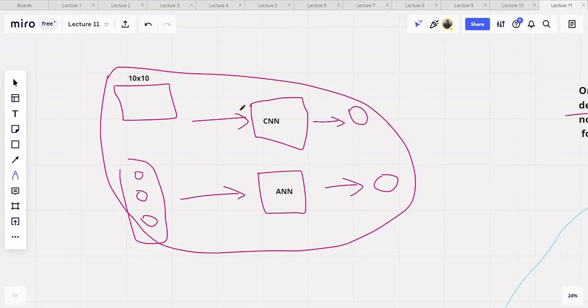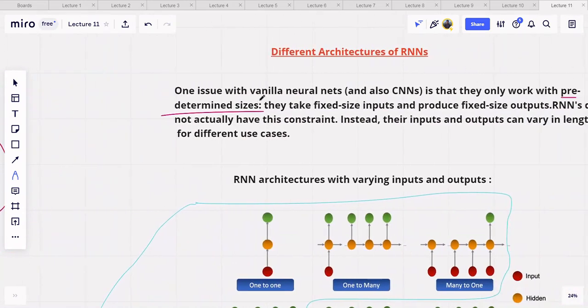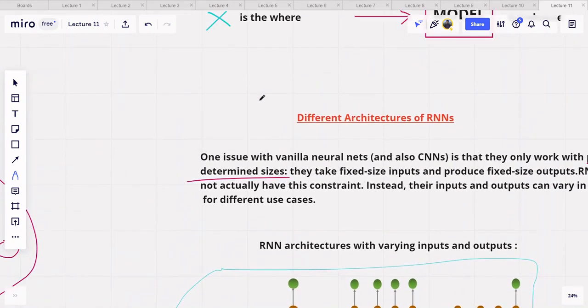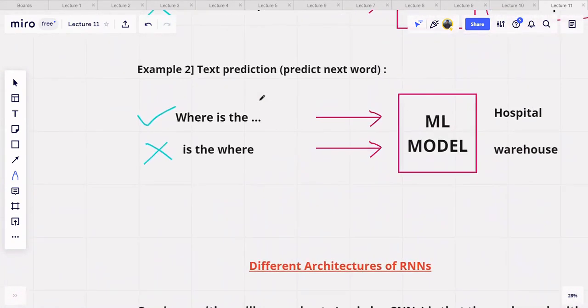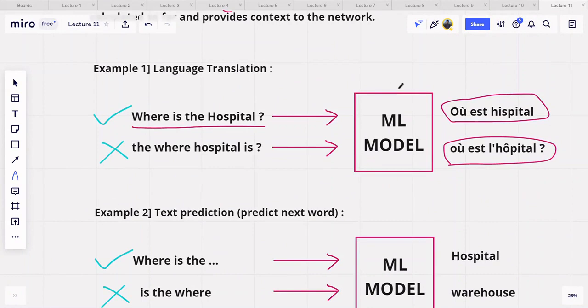But in case of RNN, we don't have that kind of thing. Let's say you have a language translation model. You can either give a sentence of 5 words, or you can give the model a sentence of 10 words. So the size of the input, the size of the sentences, is varying.